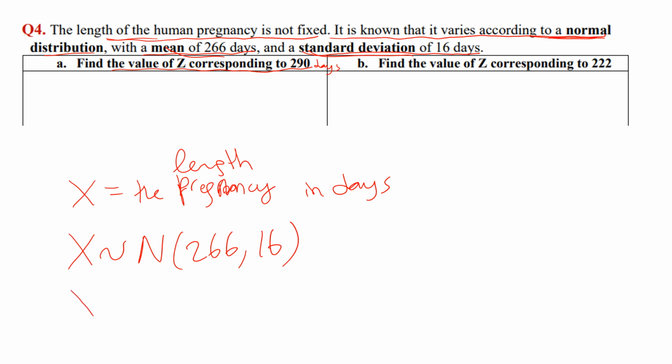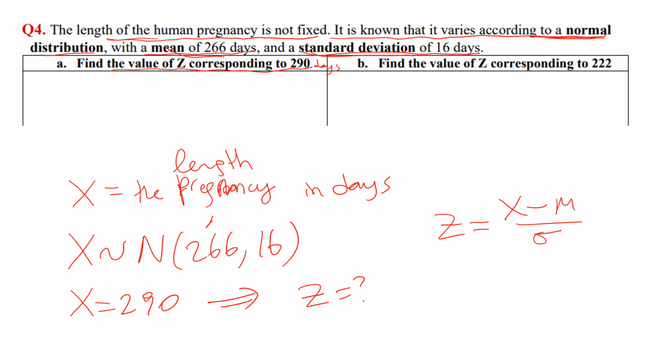So it means if x is equal to 290, what is the z-score corresponding to that value? The conversion between z and x is, as we know, x minus the mean mu, divided by sigma. So here mu is 266 and sigma is 16.